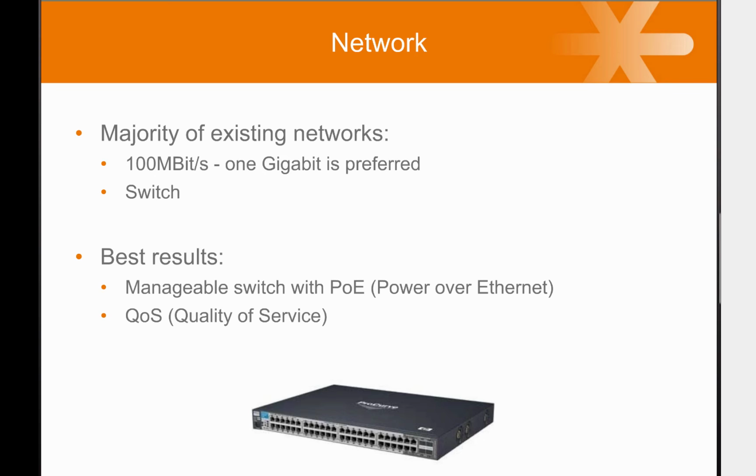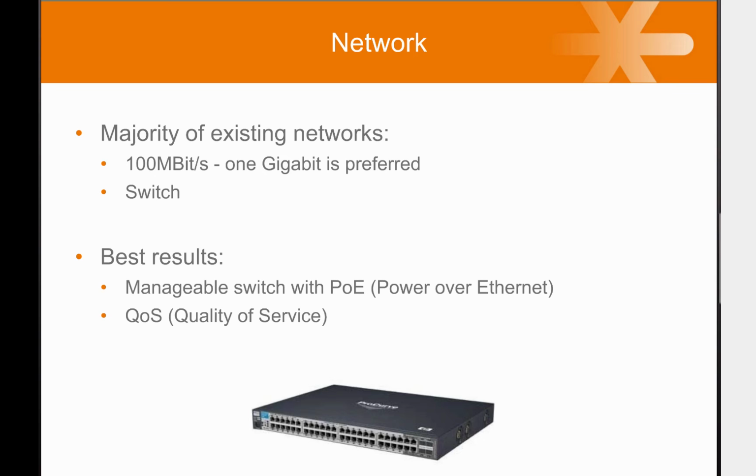I think most of them today have gigabit networks. And you should definitely also have at least a switch. But I think the days when you have a customer who has only some, I don't know, 8-port 10/100 hub, those days are over. Best results can be achieved, of course, with a manageable switch with power over Ethernet.